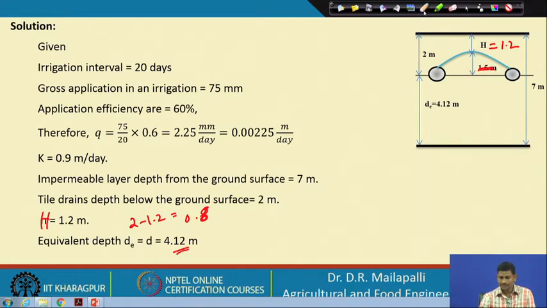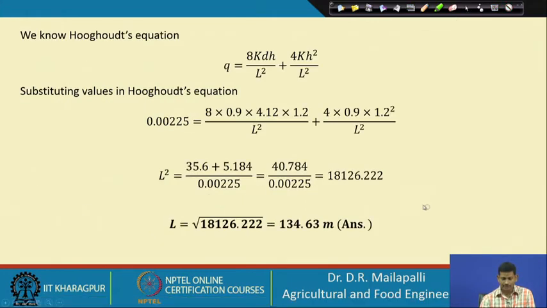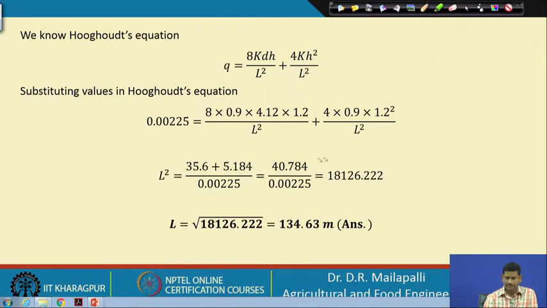Now, if you substitute these values in this equation, okay, the q is given, so all parameter values are known, right. So, substituting the values, the L value will be 134.63 meters.